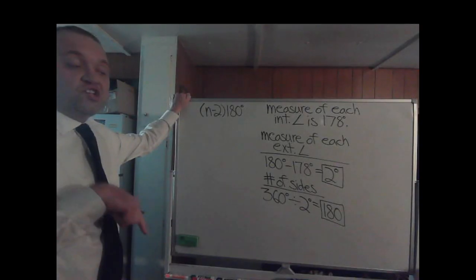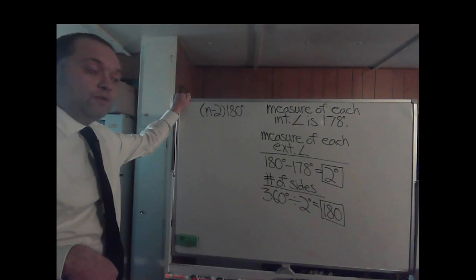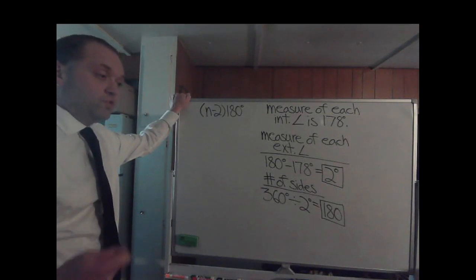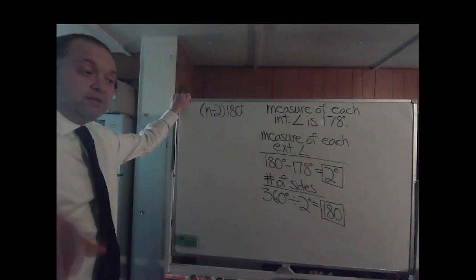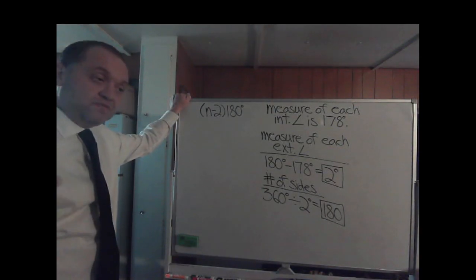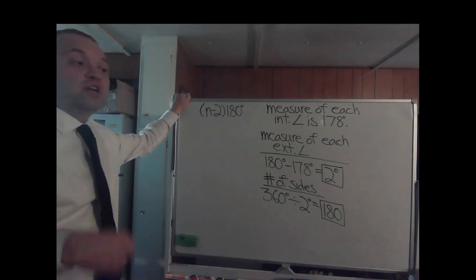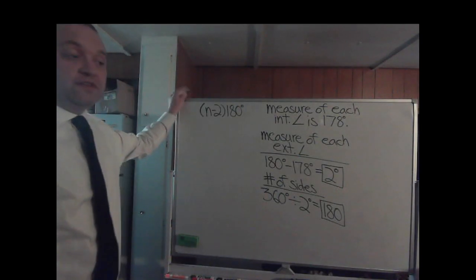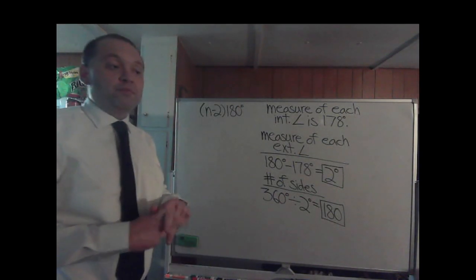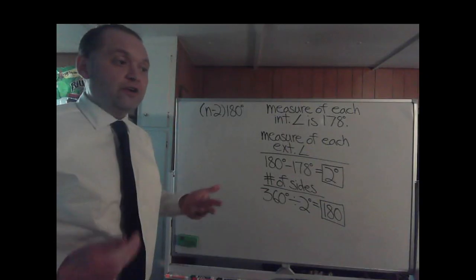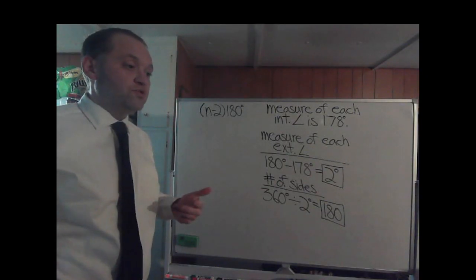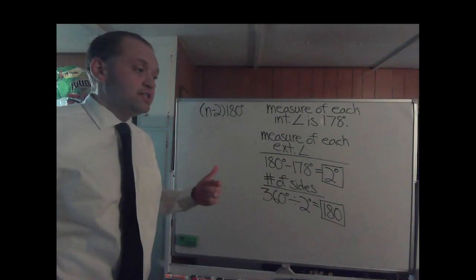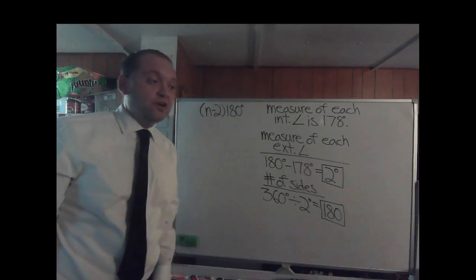And then to get each individual interior angle, you're going to take that sum that you got, divide it by the number of sides, and then you'll come up with the measure of each interior angle. And then to find your exterior angle, remember that interior angles and exterior angles are always supplementary, so just take 180 minus your interior angle, you got the measure of your exterior angle.